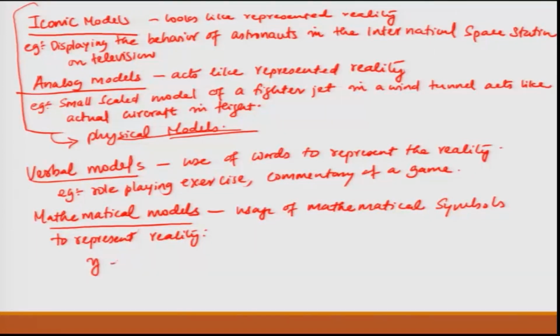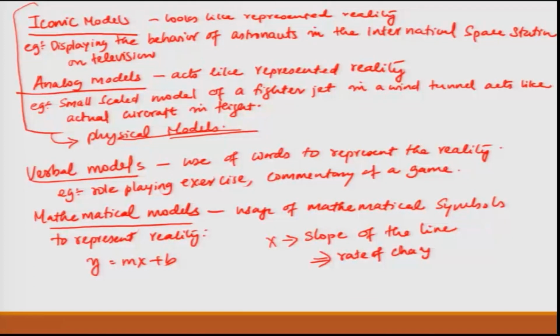So, for example, when you write an equation like y is equal to mx plus b, in this case, m represents the slope of the line, or it actually represents the rate of change of y with respect to the rate of change of x, right. So, what is delta y by delta x? How is the y changing with respect to x?